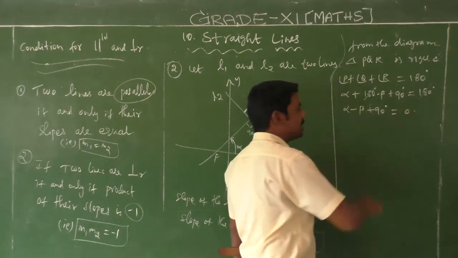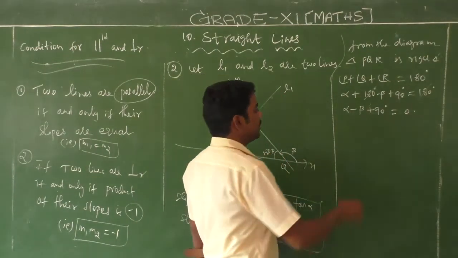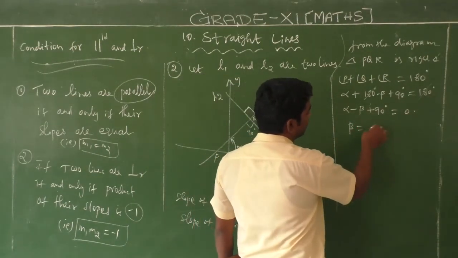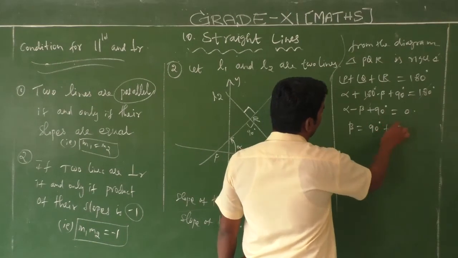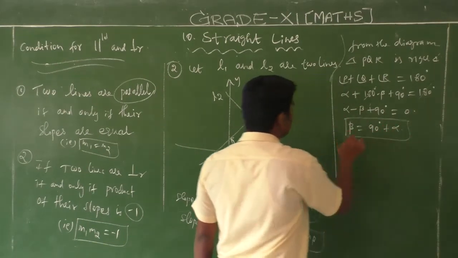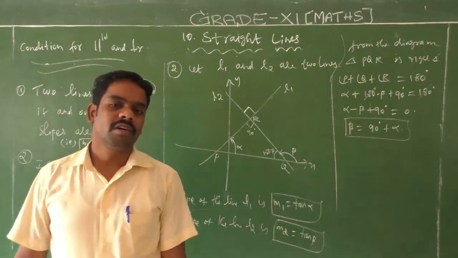So alpha minus beta plus 90 degrees is equal to 0, the 180s cancel. Then beta is equal to 90 degrees plus alpha.